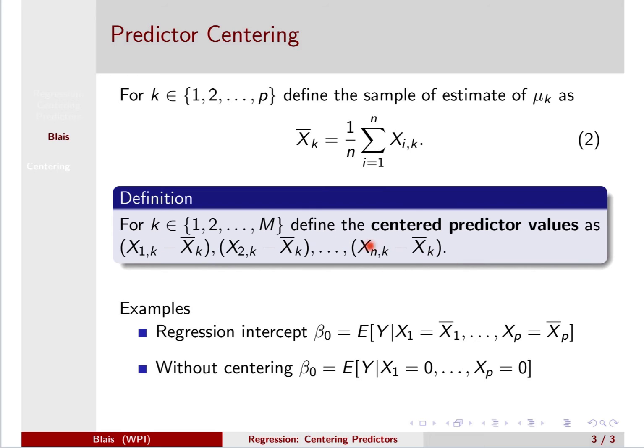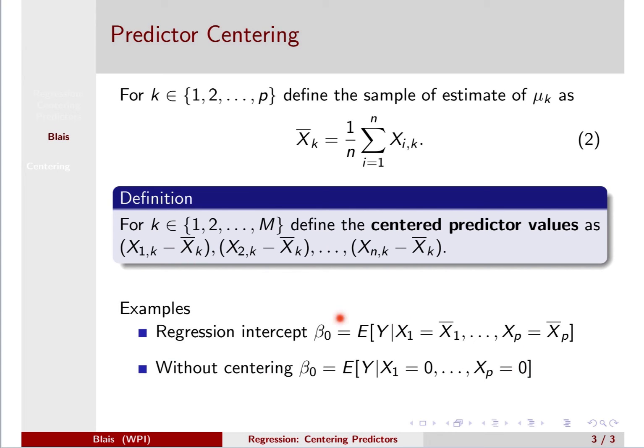Think of this as an adjustment to our observations. All we're doing is just taking the observations for xk and subtracting out the sample mean to get a new set of observations. This is just a shift in all the xk's by this constant, xk bar.